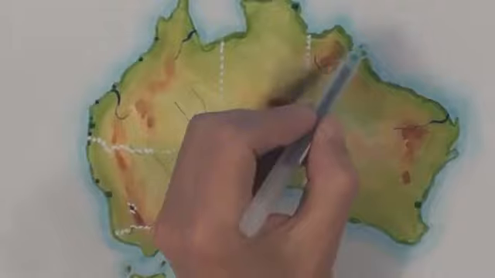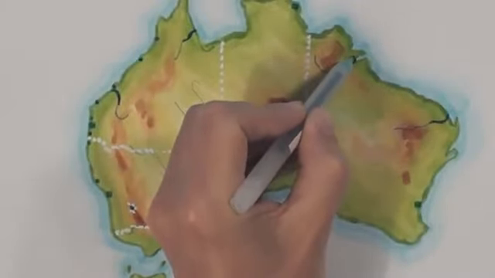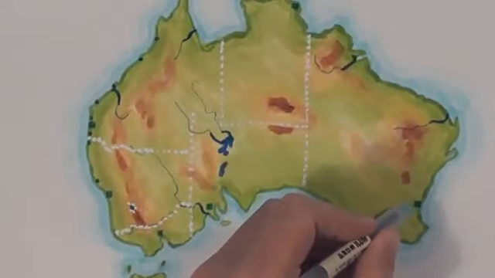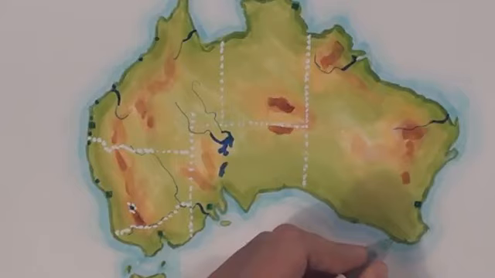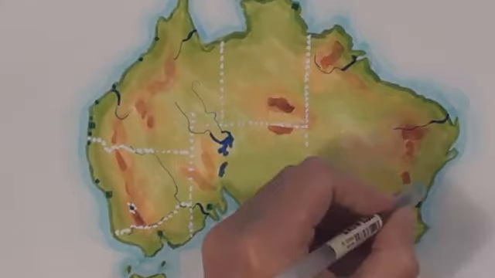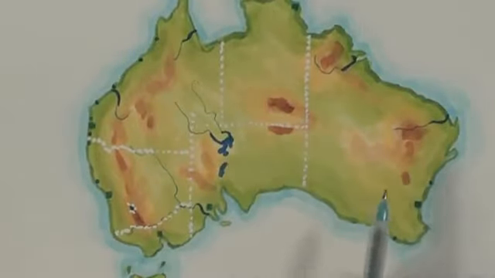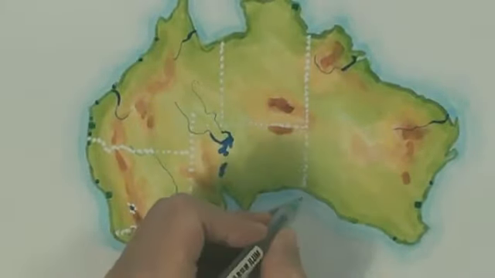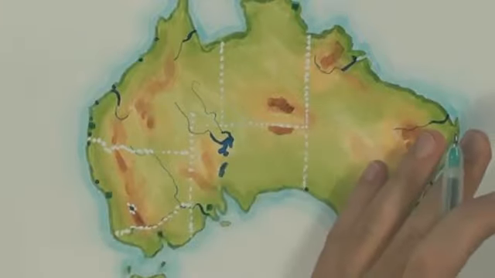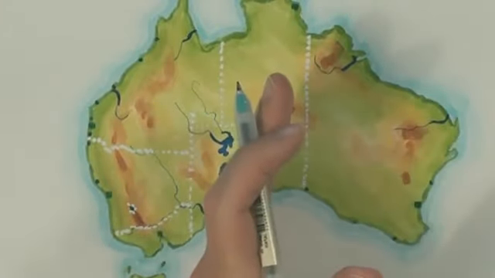What do we have? We have Derby. We have Perth. We have Albany. I have to point out something that I find really interesting. It's Eucla. It's in Western Australia, but really close to the border to South Australia.